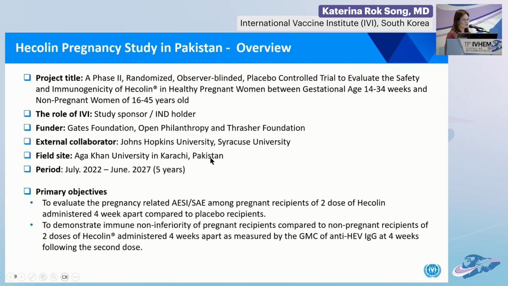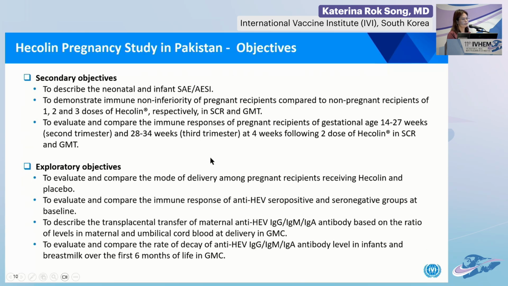Our primary objective for this study is to evaluate the pregnancy safety among pregnant recipients who received 2 Hecolin doses during their pregnancy and 1 more dose postpartum, and to demonstrate the immune non-inferiority among pregnant participants when compared to non-pregnant participants.